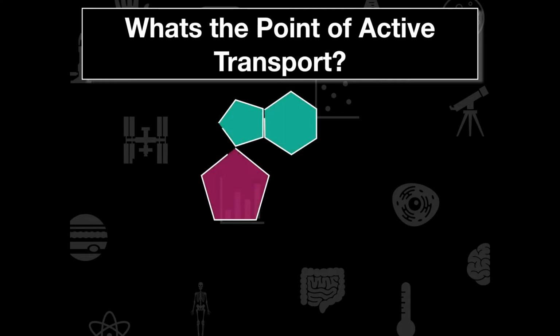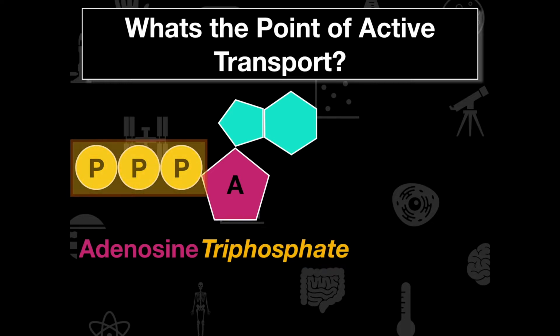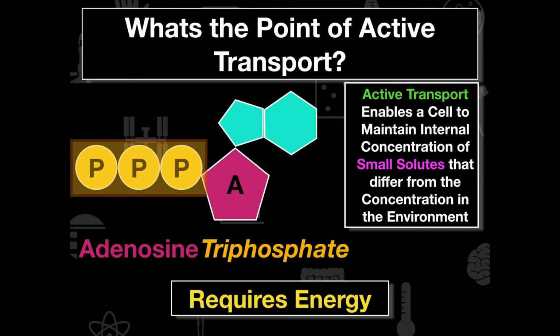Well, active transport uses a molecule called adenosine triphosphate, which is the energy carrier for active transport. Active transport enables a cell to maintain internal concentrations of small solutes that differ from the concentration of the environment. So it essentially lets you pump solute against the concentration gradient, where the ions wouldn't normally flow.